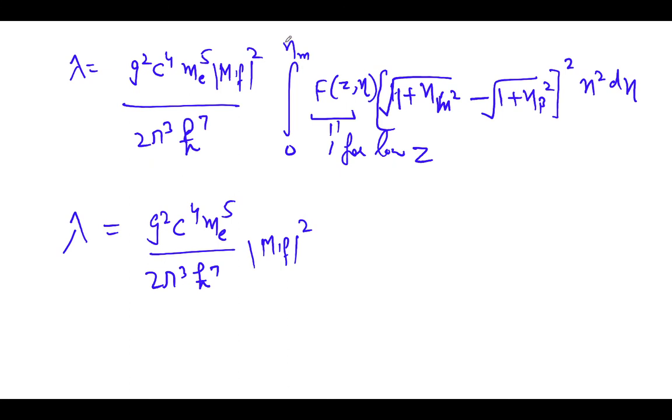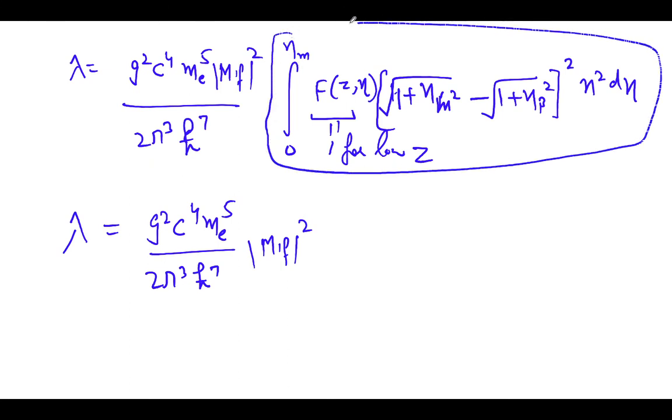So if we represent this integrated term as a function f of eta m, then the probability of this beta decay increases with increasing value of this matrix element, that is Mif squared.